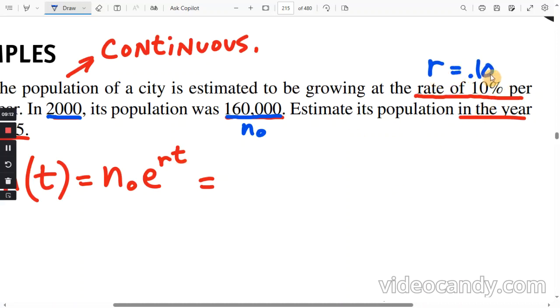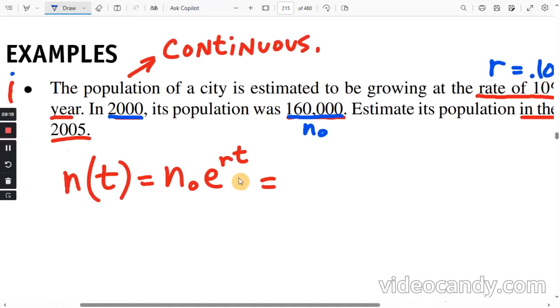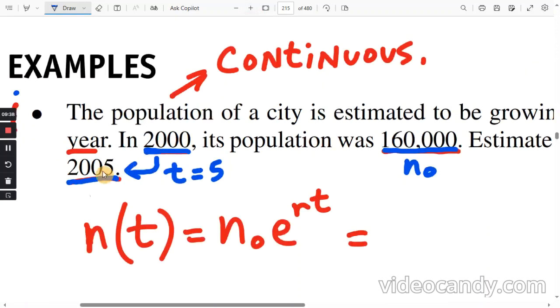You don't need to include the 0, but I like to do that to show that it came from the number 10. And the time, it went from 2000 to 2005. So how many years is that? Well, that's just 5 years. I don't need to show you 2005 minus 2000, that's just 5.